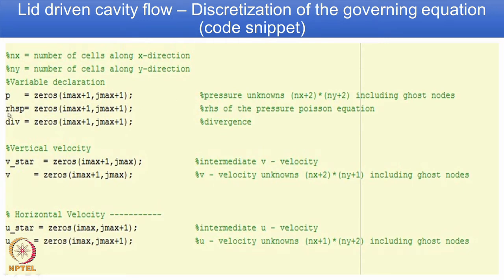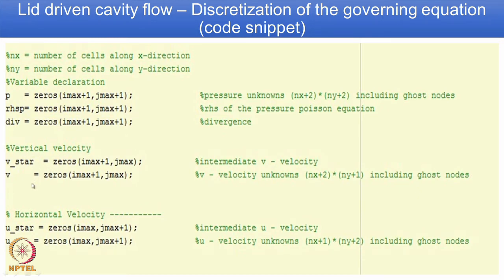Then this is RHS P. In the pressure Poisson equation, you have a source term on the right hand side, and that is what is defined here as RHS, and it is again initialized with zeros of I max plus 1 and j max plus 1. Then we have to calculate the divergence, and that is also stored.